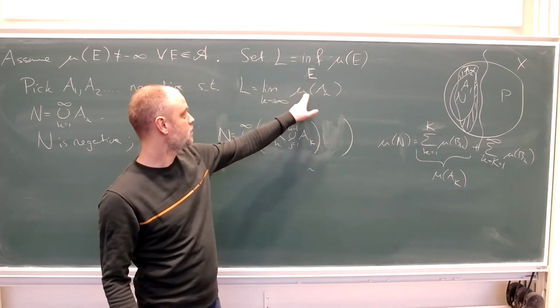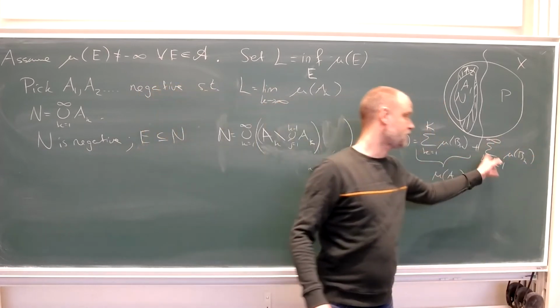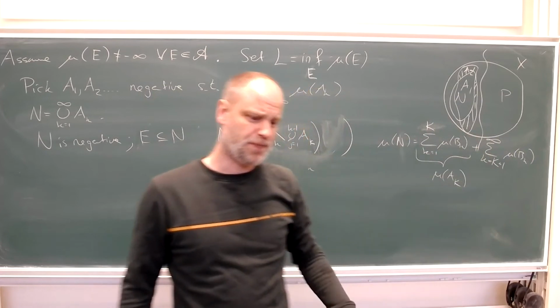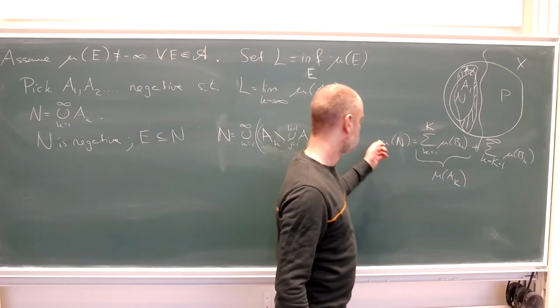And so this is a number close to L. Now, of course, these are negative or not positive, so here is a number less than or equal to 0.